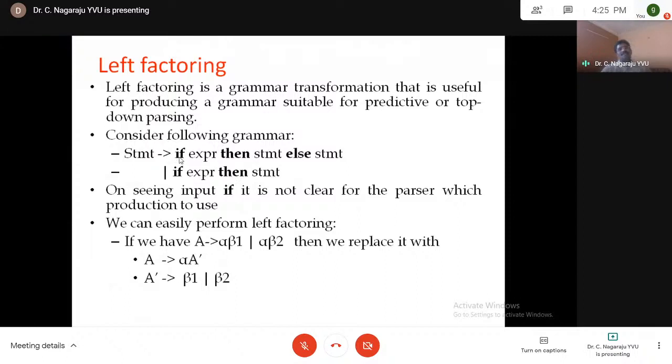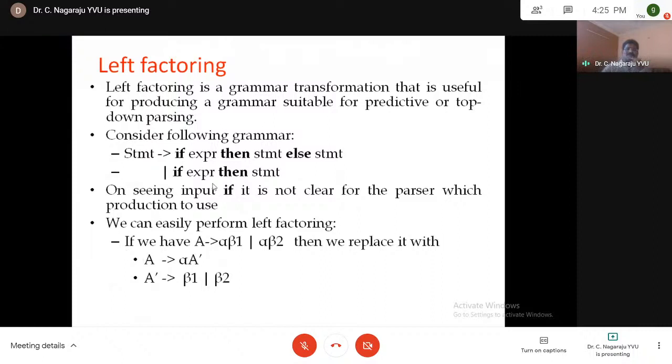In these two productions, these four symbols are the same. Only the else part is different. But when you are taking the if statement, you must consider either this if statement or this if statement. So this is a left factoring grammar.